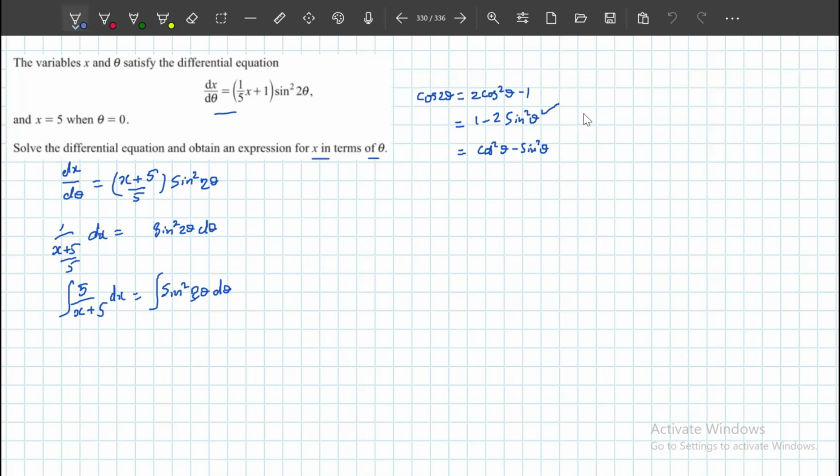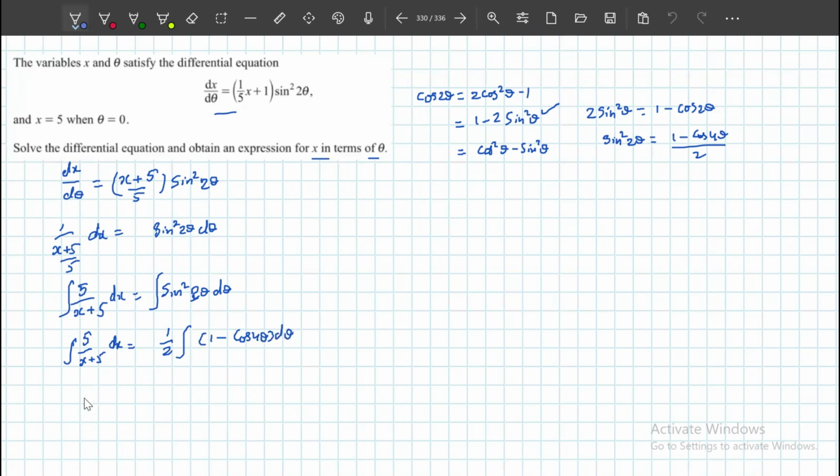From here, 2 sine square theta equals 1 minus cos 2 theta, but remember we need double angle. So if you write sine square 2 theta, this becomes (1 minus cos 4 theta) divided by 2. So we will apply this same formula here, and the integration of 5 over (x plus 5) dx is equal to 1 over 2, which you can take outside, then write (1 minus cos 4 theta) d theta.